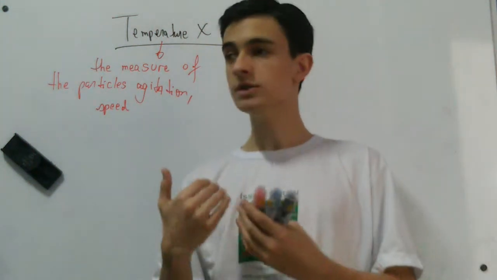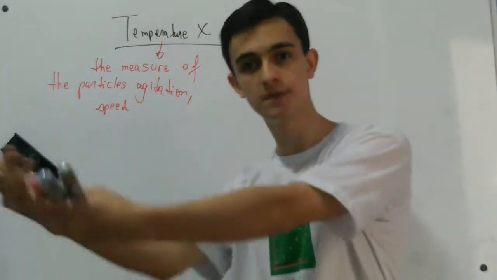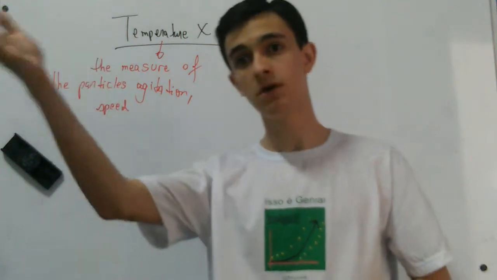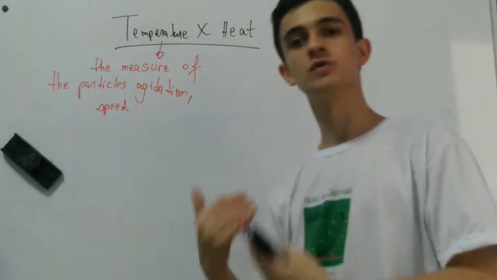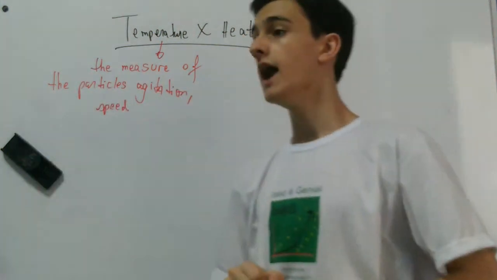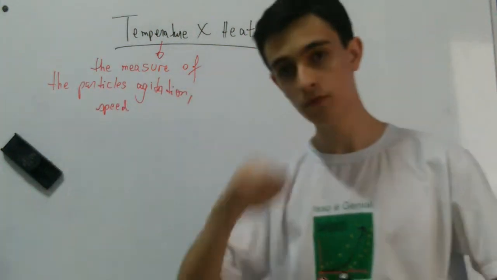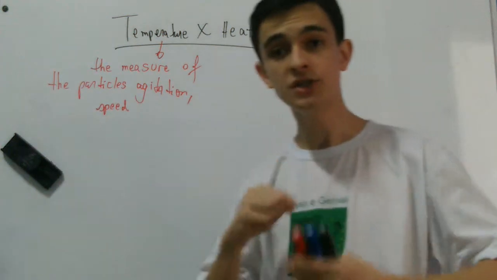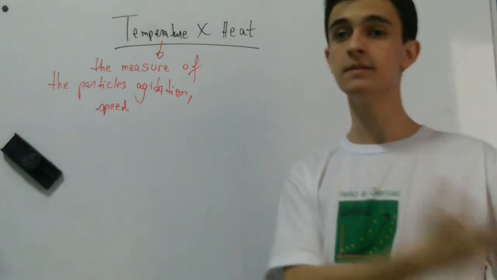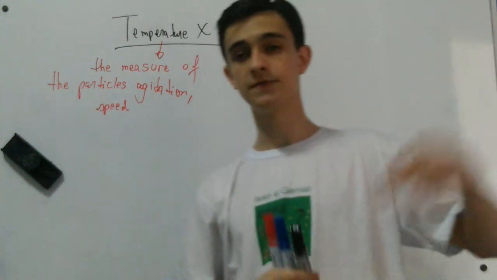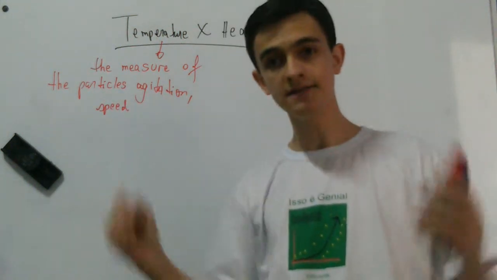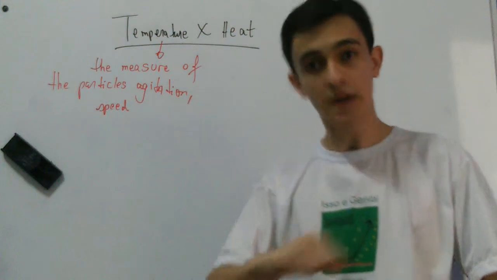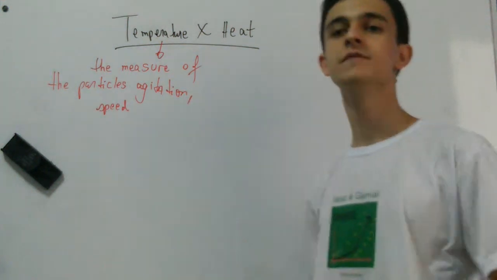But what is happening to the molecules of boiling water for it to be hotter than the ice cube? The molecules of the boiling water are moving faster. They are moving with more speed. They are more agitated than the particles of the ice cube. The particles of the ice cube are moving less. They have less speed, they are less agitated, and they are vibrating less than the particles of boiling water.